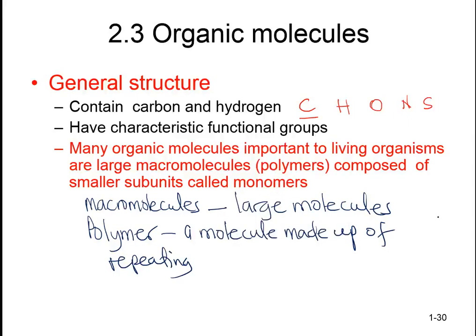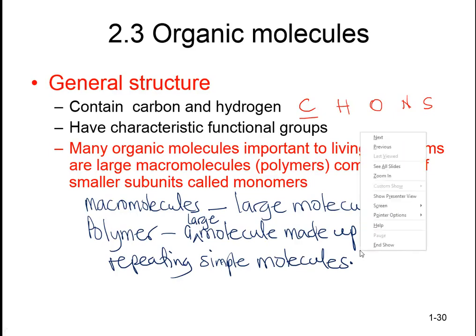So we say it's a large molecule, so add large here. A polymer is a large molecule made up of repeating simple molecules. So keep this definition when we go back to it later in this topic. So I'm taking it off here.